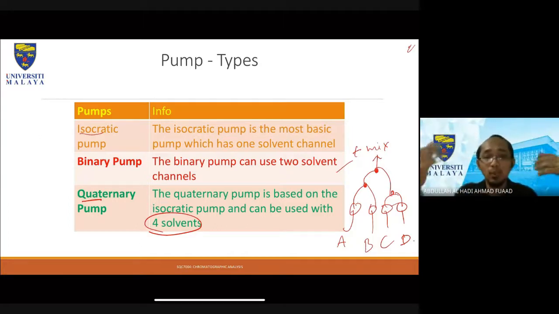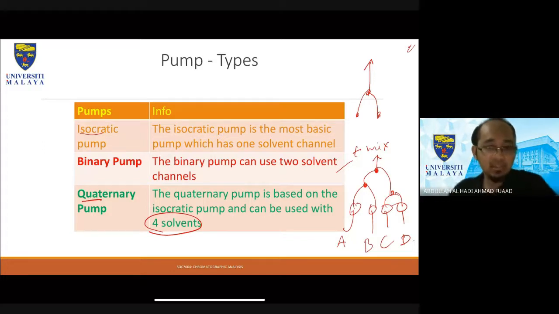Only one type of solvent can go into the system. Binary, as I mentioned, you can have two solvents mixing together and going into the system. Quaternary, you can have four. So far, in my experience, I have only used up to quaternary. I have not experienced using other types of pumps.